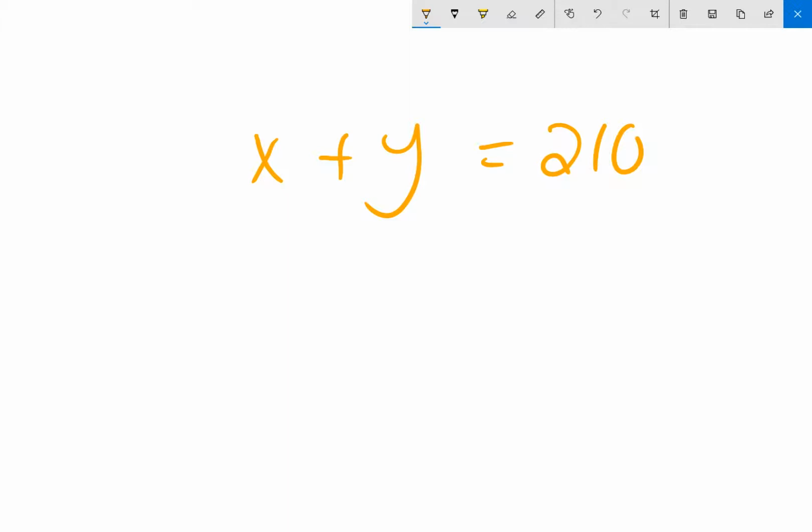So you can say that x minus y would equal 30. I would think. Yeah. And then you can solve that system of equations, which again, I would definitely use the elimination method for.